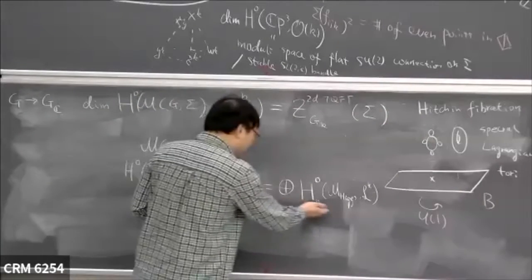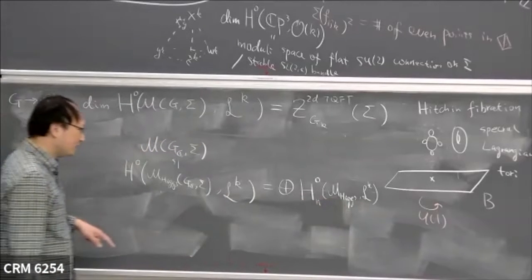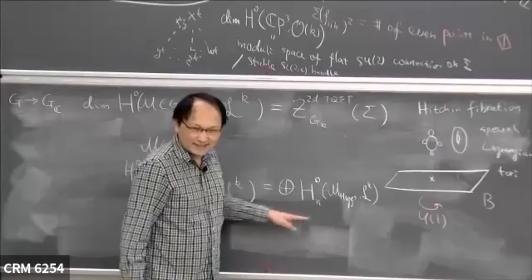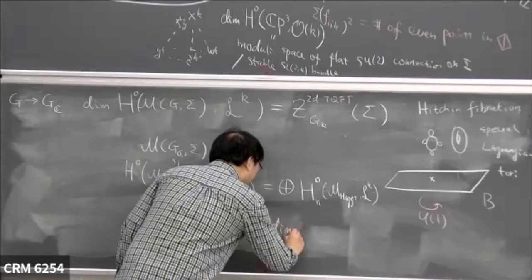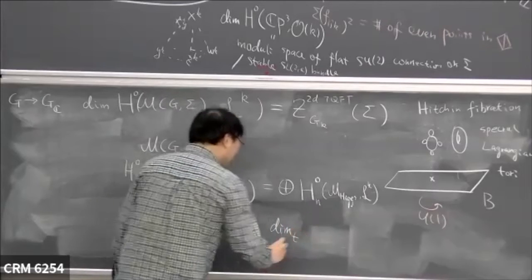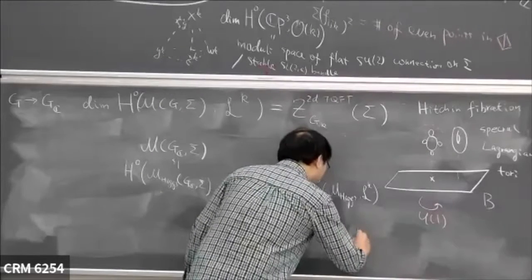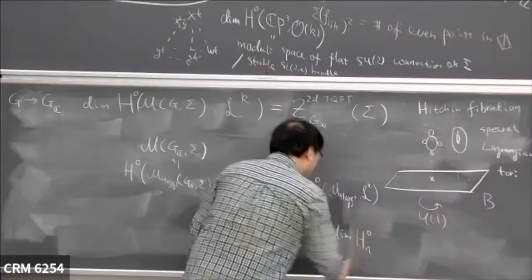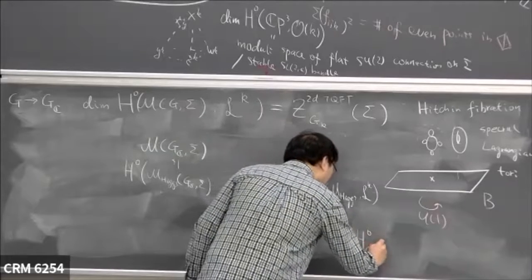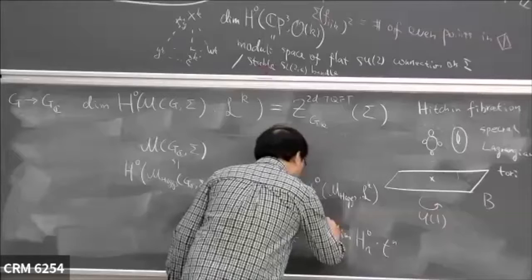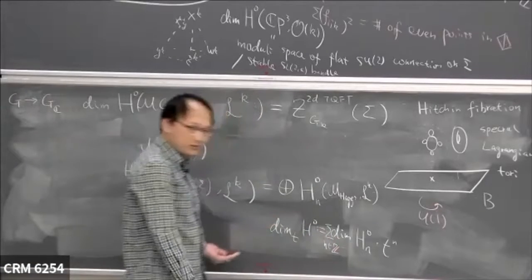And then here, what we can do is that instead of talking about the dimension, we just introduce a parameter. We instead look at the t-dimension, simply defined as the summation over n of the dimension of the weight n piece times t to the n. So this seems to be some reasonable thing to do.